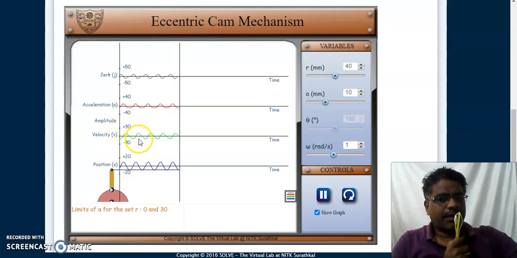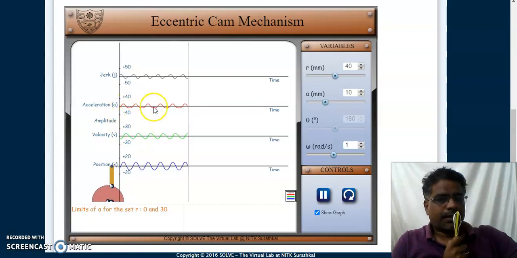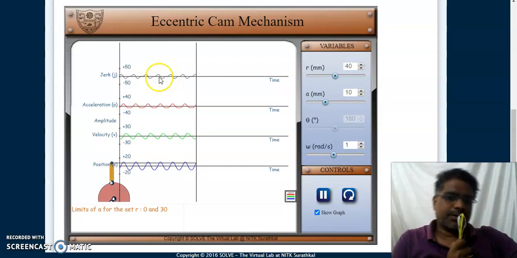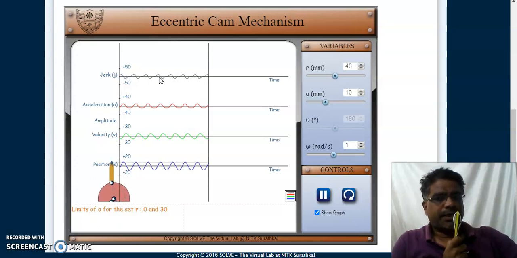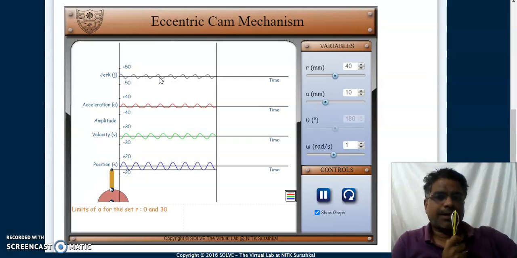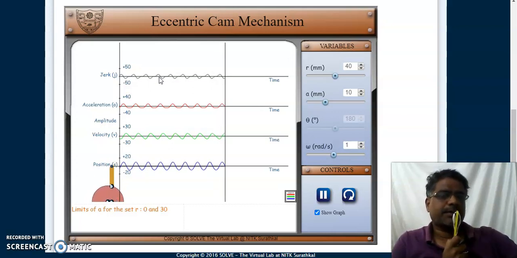Similarly, I will get a curve for the velocity and acceleration, and similarly jerk. The importance of jerk is that it is the rate of change of acceleration. Suppose we are standing and somebody suddenly comes and pushes us. At that time what do we say? I suddenly experienced a jerk.